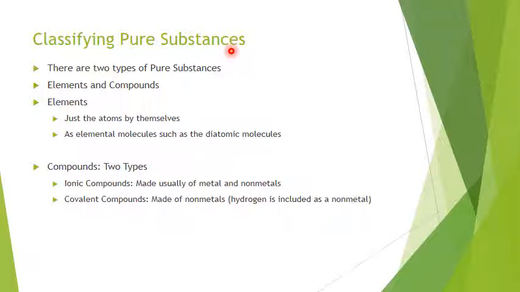And then we said that chemistry doesn't deal with heterogeneous mixtures, because a definition of chemistry is how to make or break pure substances. So we're going to spend the rest of our time talking about pure substances. Now, pure substances can be broken into 2 parts as well, into elements and compounds.